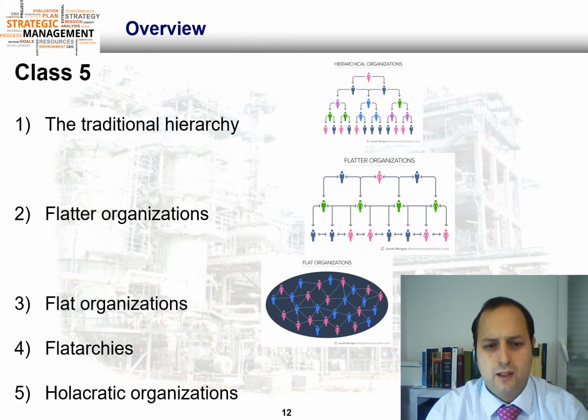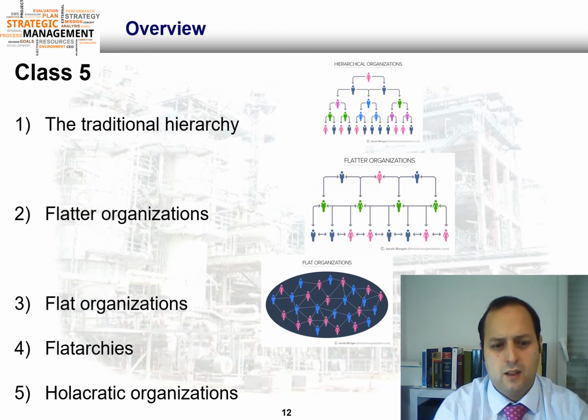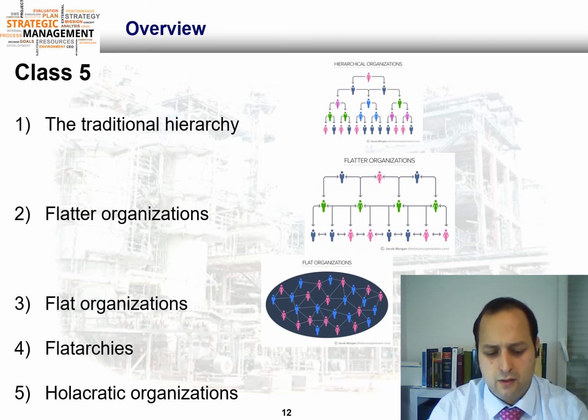Then we have flat organizations, in which there are usually no jobs, seniority, managers, or executives, and it's more usual in smaller and medium-sized companies. Then we have the flatteries, which is located in between hierarchies and flat organizations.